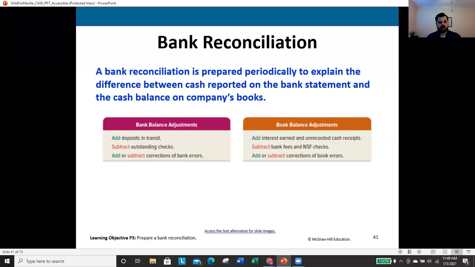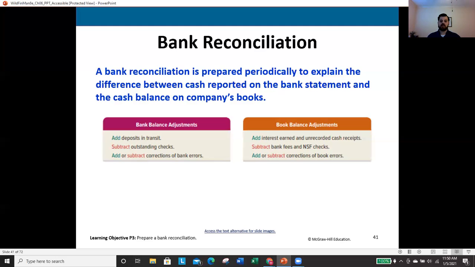So if you don't think you have the resources necessary to actually implement a good system of internal controls, you can outsource that essentially to the bank and rely on the bank's system of internal controls so that your customers actually go take the money directly to the bank. That way it saves you a trip having to drive across town, and it also prevents any of your employees or anyone coming into your business from taking the money from your business.